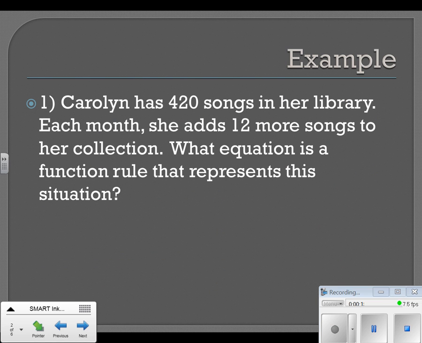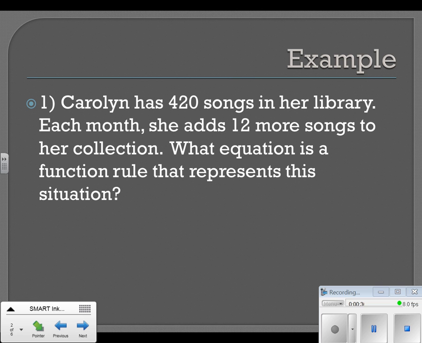In this first example here, it says Carolyn has 420 songs in her library. Each month, she adds 12 more songs to her collection. What equation is a function rule that represents this situation?